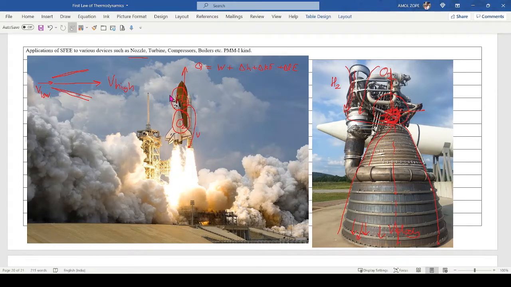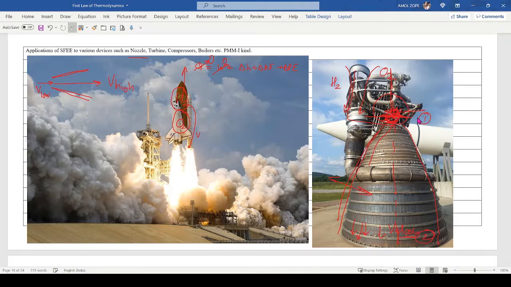For the nozzle, look at the shape of this nozzle. We can assume that the heat transfer in and out is negligible, or it is 0. Similarly, the work transfer, integration of PdV, is also 0. The potential energy change, this is location 1, this is location 2.